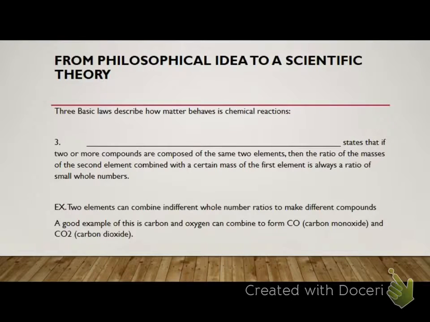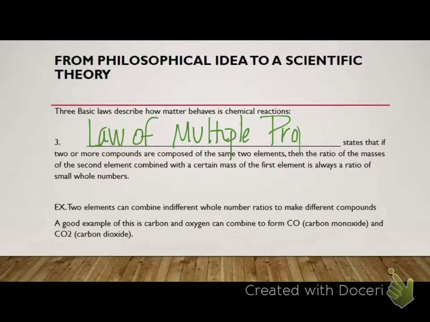The third law is a little bit more difficult to wrap your brain around, but it is called the law of multiple proportions. The law of multiple proportions basically states that there are some elements that can combine together in different ways. For instance, carbon and oxygen.